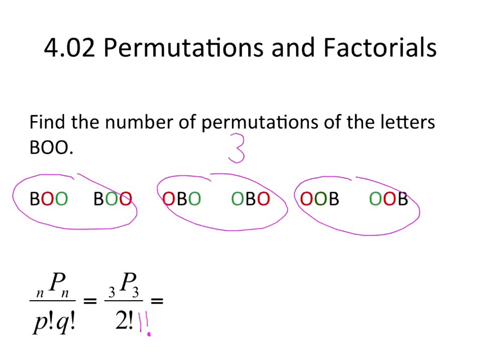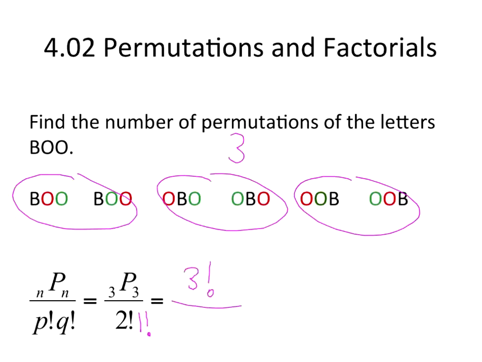So how many times did I see the O? 2. How many times did I see the B? 1. It doesn't matter which one's first because they're just multiplied. So let's do 3 permutation 3 first, which we learned the shortcut is really that really means what? 3 factorial. So I have 3 factorial on top.